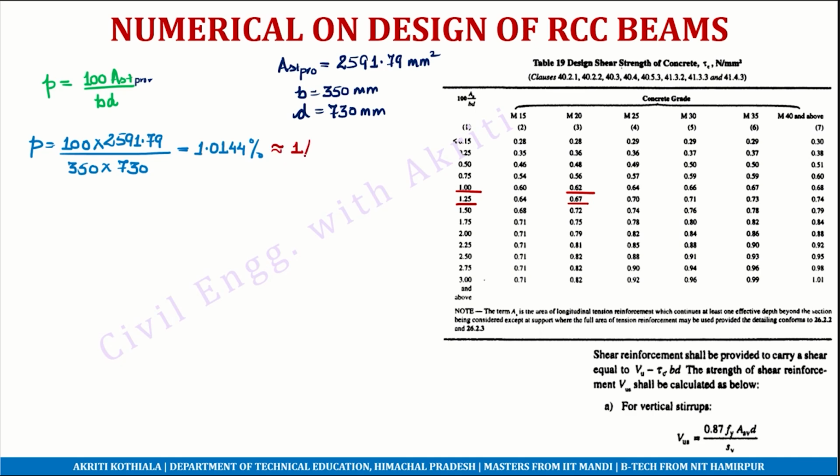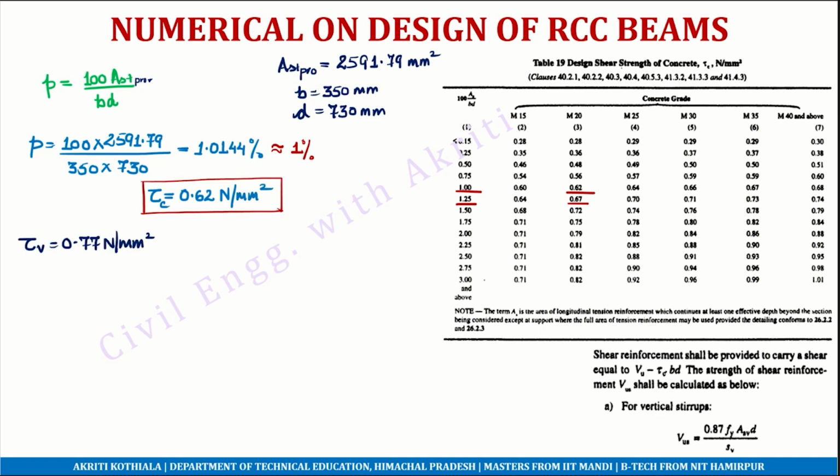If you have ample time, you can interpolate between these two values and calculate a value of tau C from interpolation. So assuming P is equal to 1%, we get tau C is equal to 0.62 Newton per mm square.